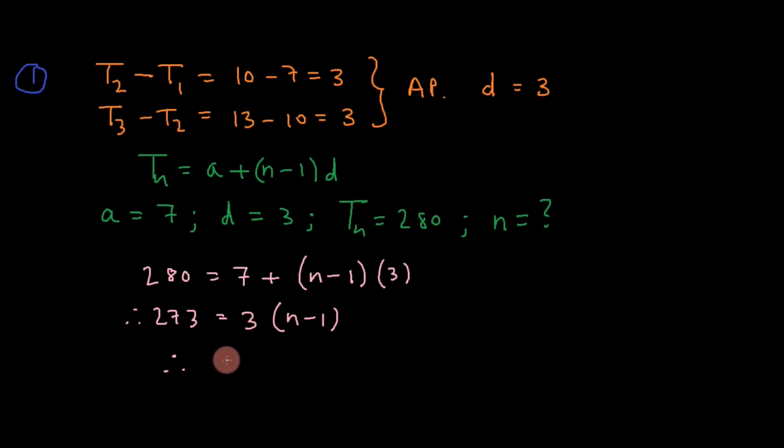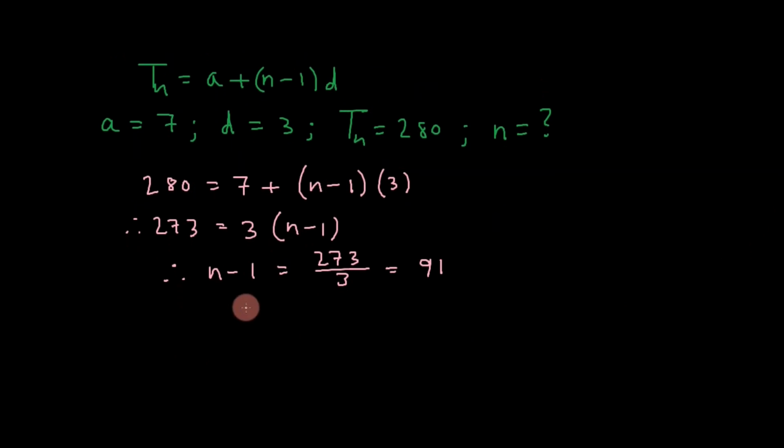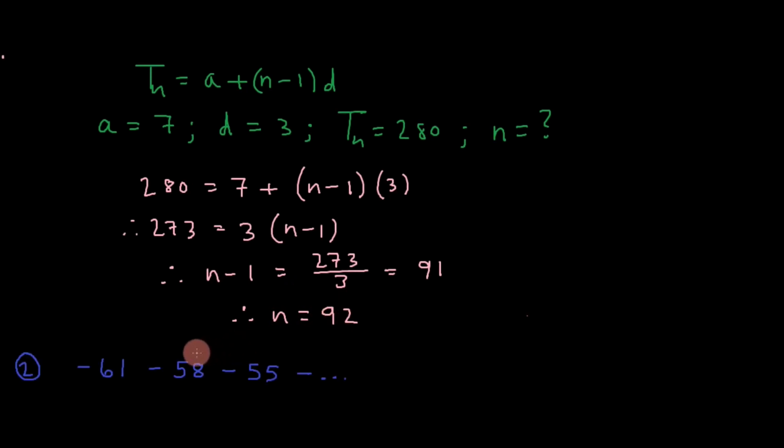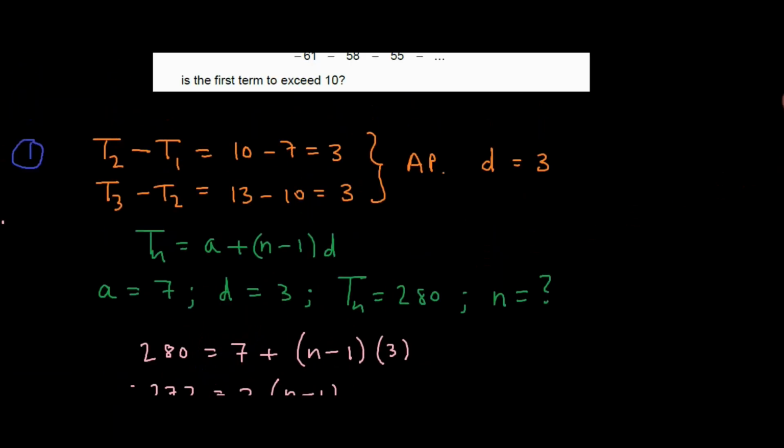Now we just divide by 3, so n minus 1 is 273 over 3, and that's going to be 91. And from this, we can solve for n. n will be equal to 91 plus 1, or 92.